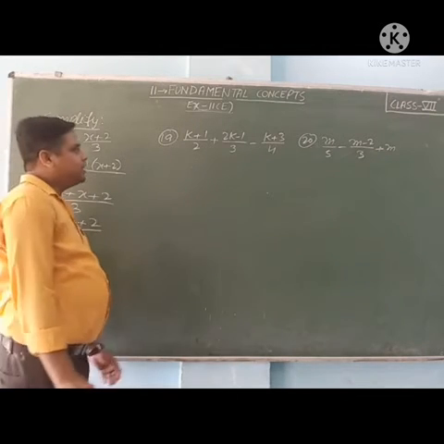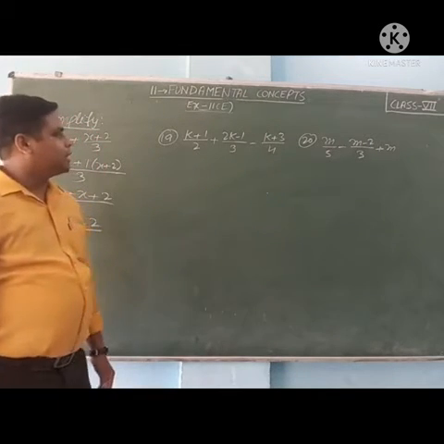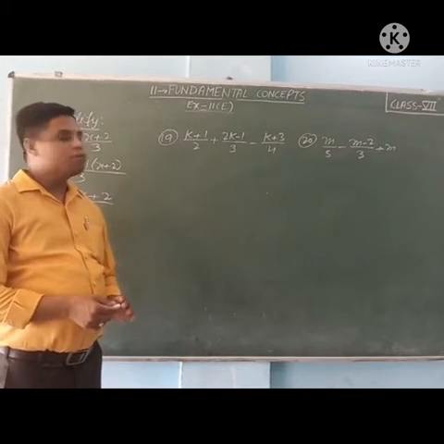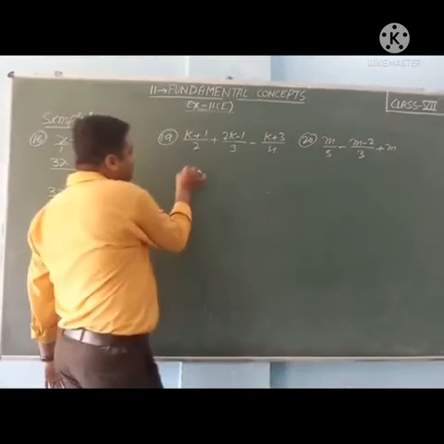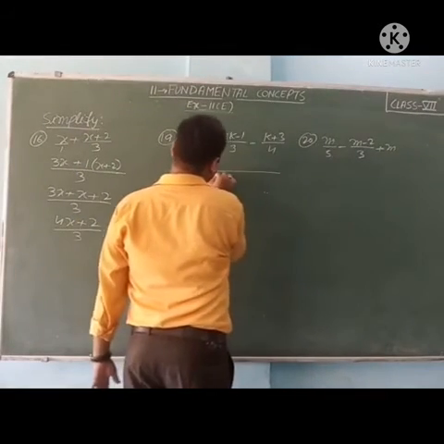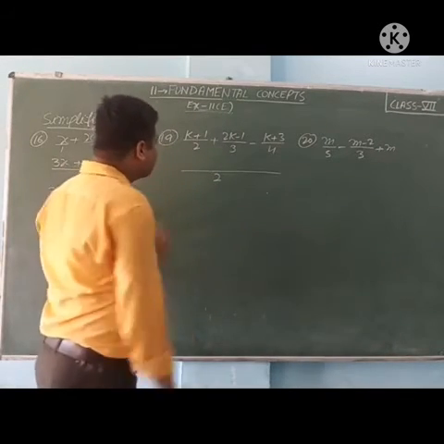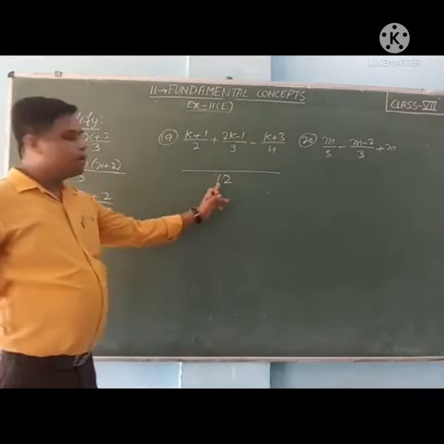Next, 19th sum. k plus 1 upon 2 plus 2k minus 1 upon 3 minus k plus 3 upon 4. So first we will take the LCM of 2, 3 and 4. So LCM will come 12, not 24. 2 6s are 12.